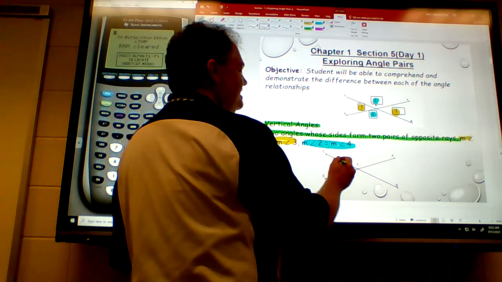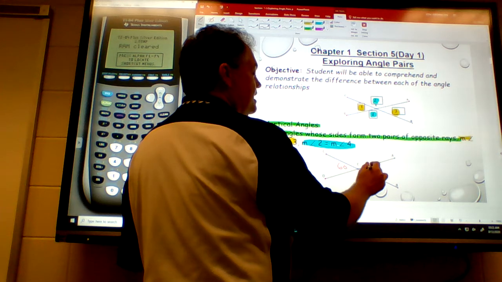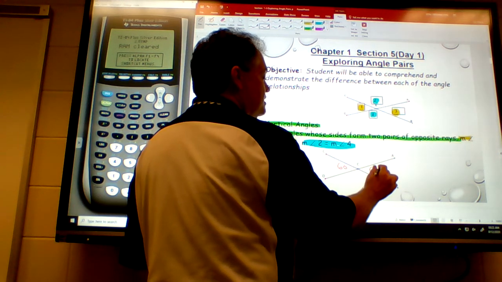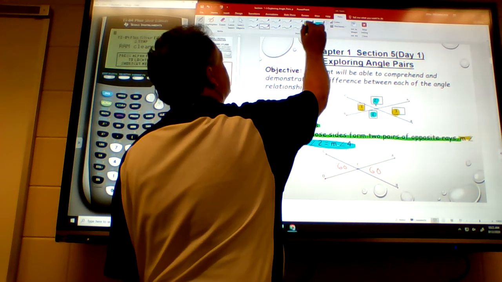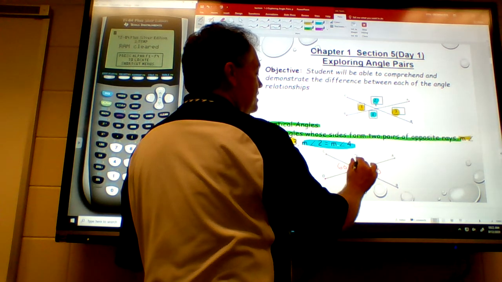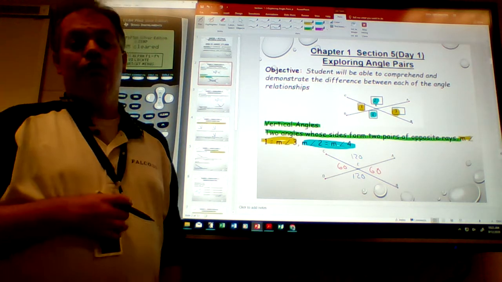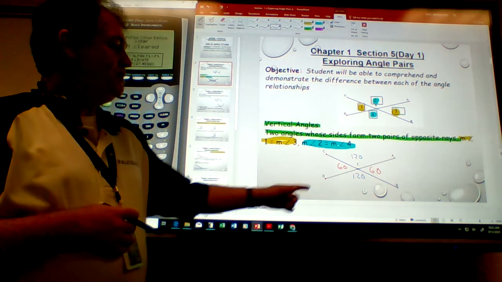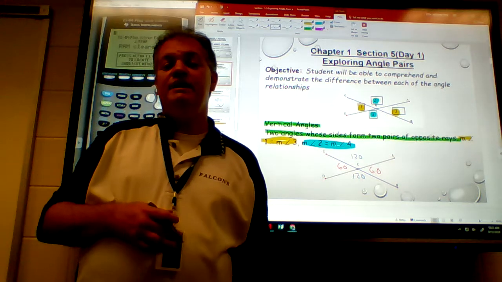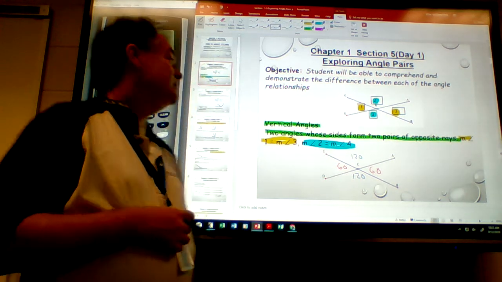If I look down here, let's say that this angle by chance has a measure of 60 degrees. That means its vertical angle over here is also going to have a measure of 60 degrees. On that same note, if this angle up here is 120 degrees, this angle down here will also be 120 degrees. Now, this red angle at 60 and this blue angle at 120 also have a different relationship. We'll talk about that here in just a moment.